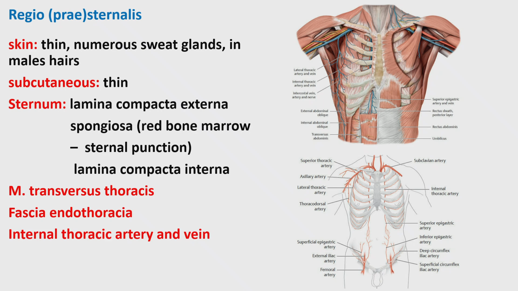And you know that the sternum has 3 layers: the external compact, the internal compact, and between them there is a spongy bone of the sternum, which is very important for the sample of the red bone marrow. So the aspiration of the red bone marrow happens either from the sternum or, you know, another place where they take the bone marrow sample?